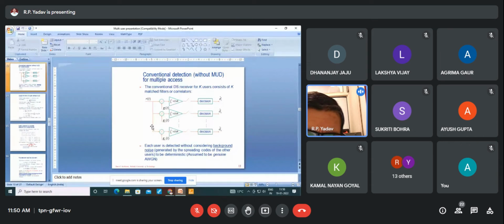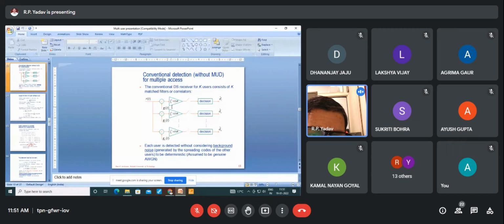Now, conventional detection without MUD. How does conventional detection without multi-user detection look? The conventional DS receiver for K users consists of K matched filters, or correlators. Suppose this is my r(t). Without multi-user detection, I provide a matched filter for each corresponding code.